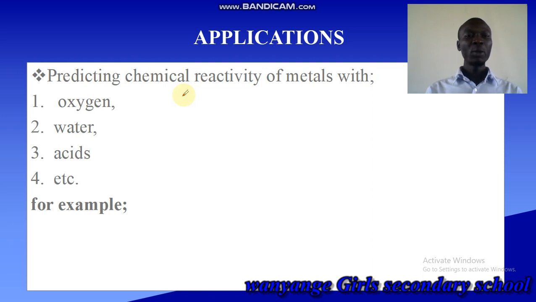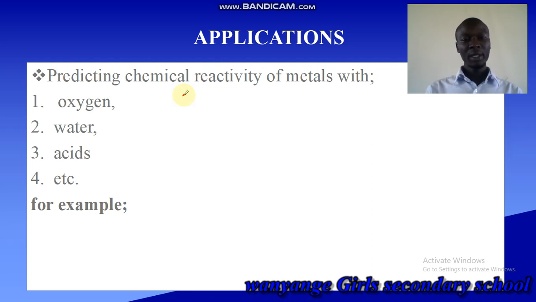Meaning that if you want to determine at what rate a metal will react with oxygen, you can look at its position in the reactivity series. Although some of the metals will not react with oxygen, most especially the ones that are very, very low in the reactivity series.